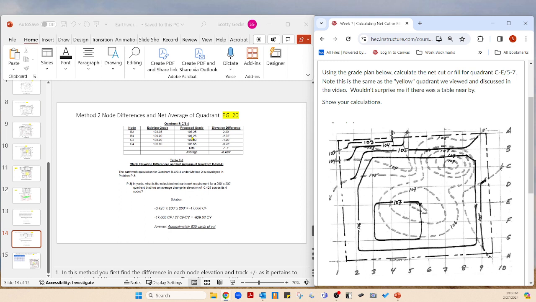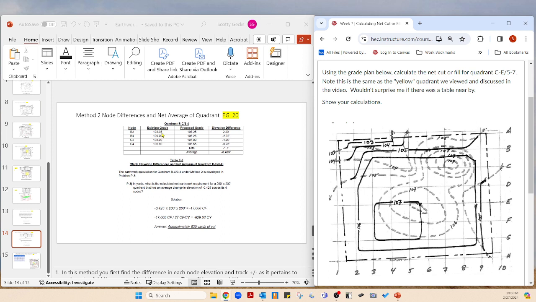Now, here's my rule of thumb. I don't know if this is written down anywhere or if I've just been lucky all my life. But the book said subtract existing from proposed. If you subtract proposed from existing, your sign is going to tell you if it's a cut or a fill.